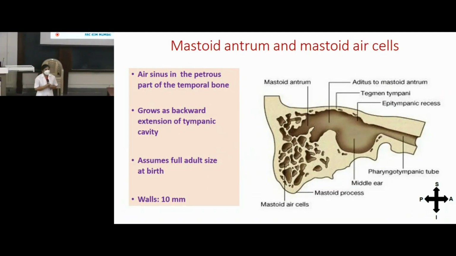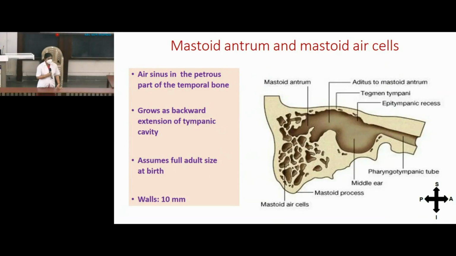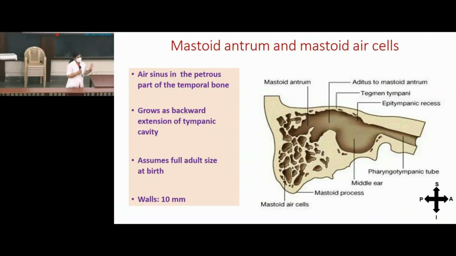So what is the importance of this mastoid antrum? Why do we need to study the location of the mastoid antrum and everything related to it? Surgical approach. Why would you need to approach it surgically? ENT surgeons, why? The tympanic cavity is prone to infections.